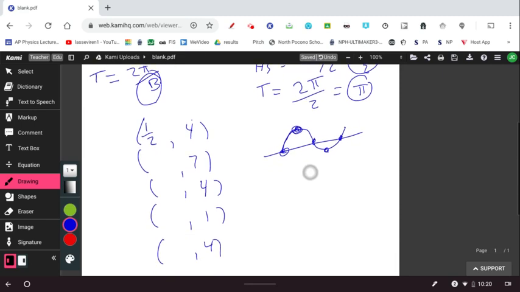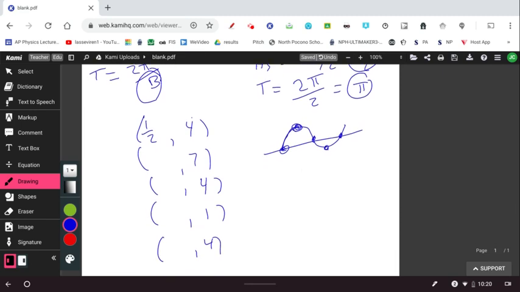And then all of our other points are going to be 1/4 of this value further along. So the final value is going to be a half plus pi. This is 1/2 plus 3/4 pi.